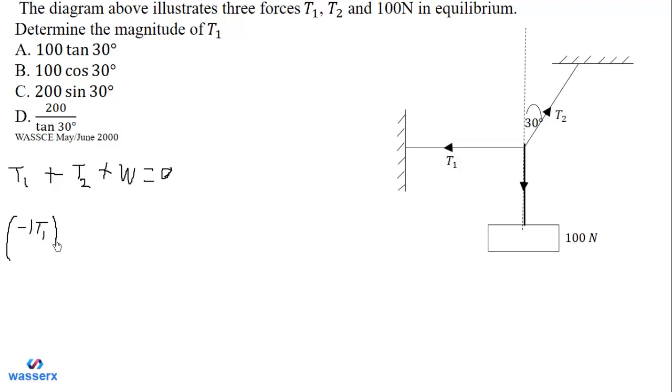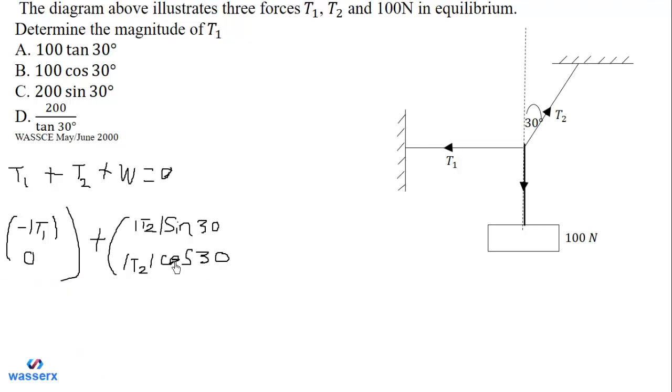So the components of T1 were negative magnitude of T1, 0, plus the components of T2, we have magnitude of T2 sine 30, magnitude of T2 cos 30.